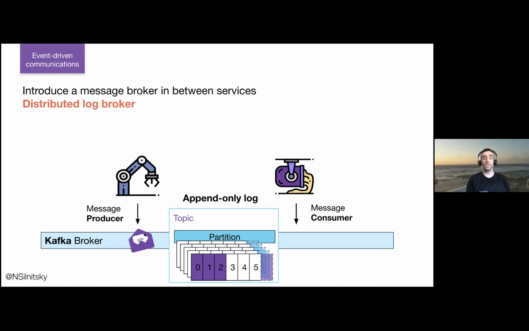And these partitions are basically commit log files where events or messages are written at the end of the file, which means it's much faster than other kinds of data storage models.